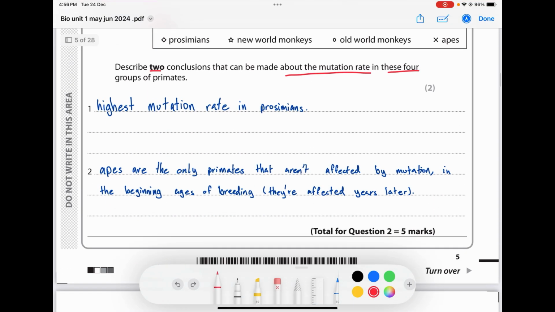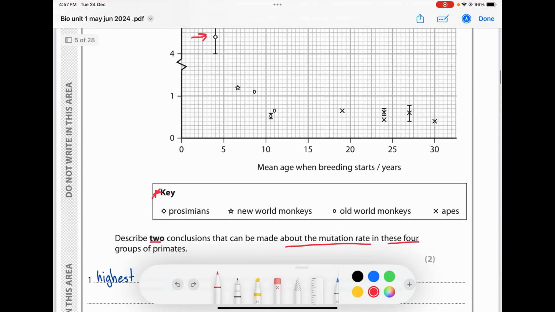The second conclusion that we can make is that apes are the only primates that aren't affected by mutation within the beginning stages or ages of breeding. We can see that they start getting affected much later on than compared to the other groups.